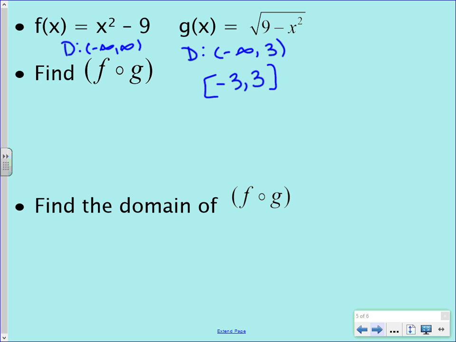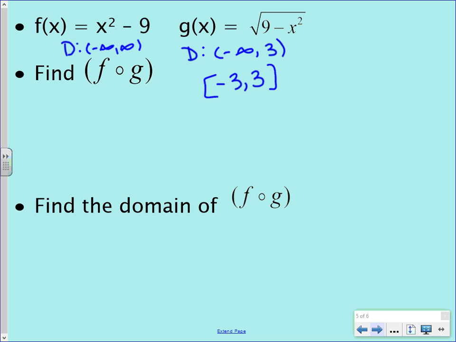You can't have 0 in it. Right. Why not? Square root of a negative is imaginary, but square root of 0 is fine. 0 can't be in a denominator, but 0 can be in a radical. So -3 and 3 can be included.